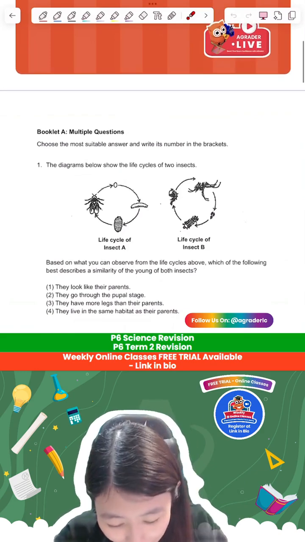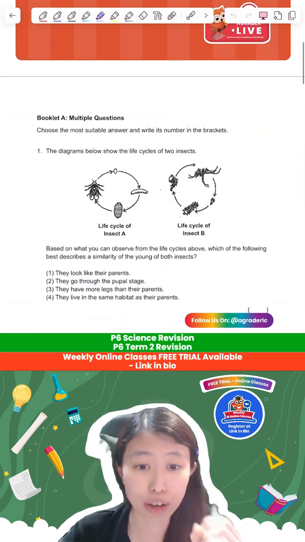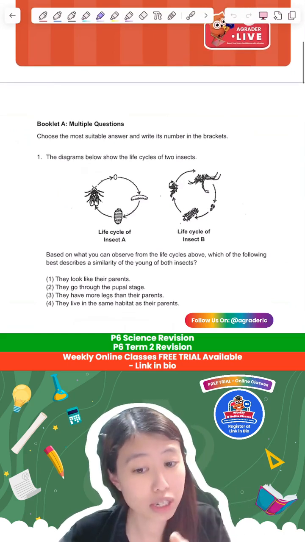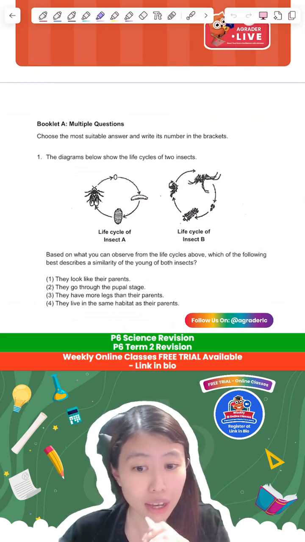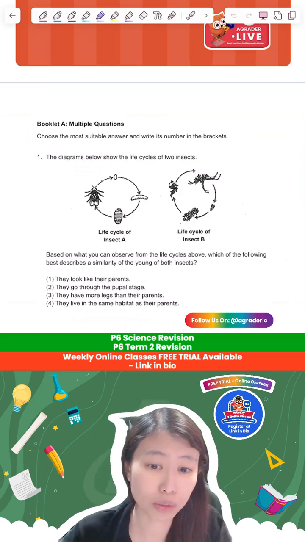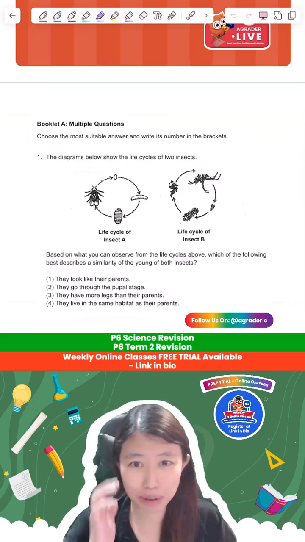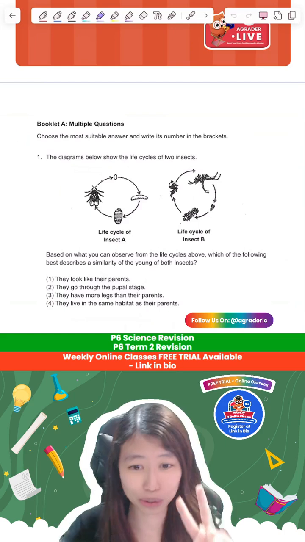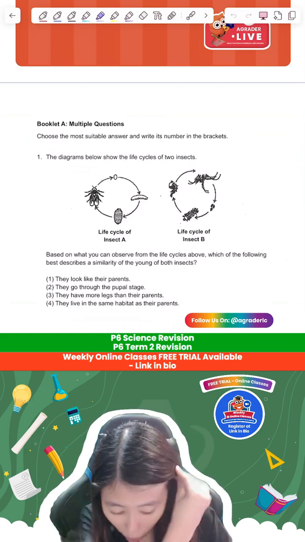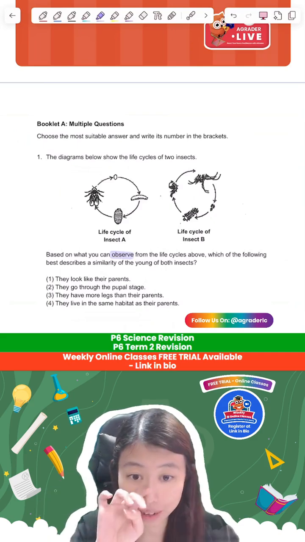Always remember in science, you must be very, very careful with the keywords. This is your P4 topic, actually a P3 topic, on life cycles; depending on your school, they teach life cycles in P3 or P4. The question says the diagrams below show the life cycle of 2 insects. Based on what you can observe, let's highlight the key things from the life cycles above.